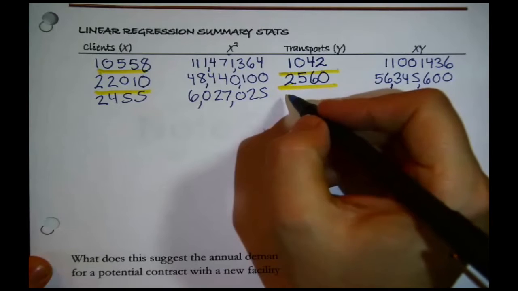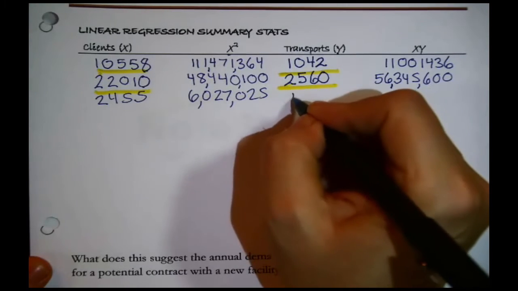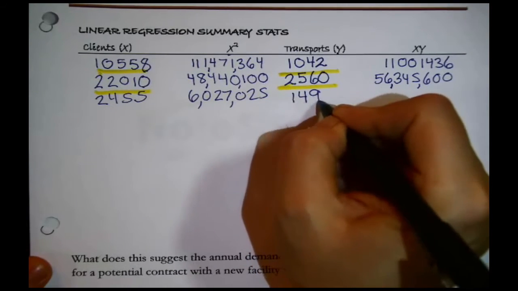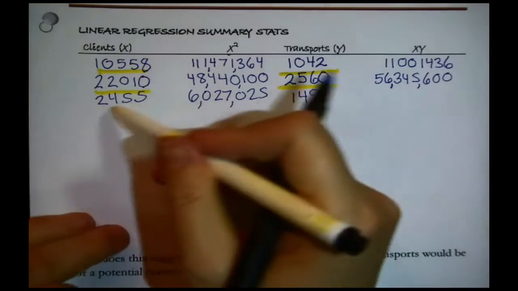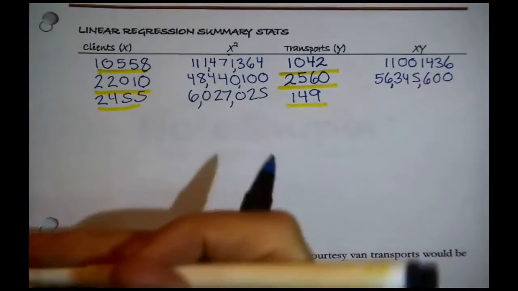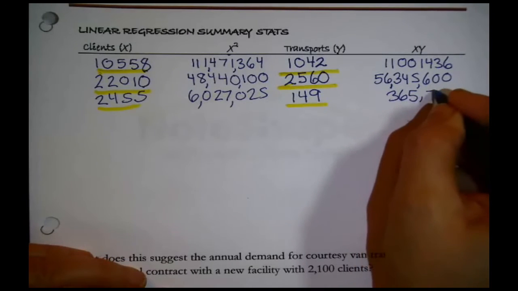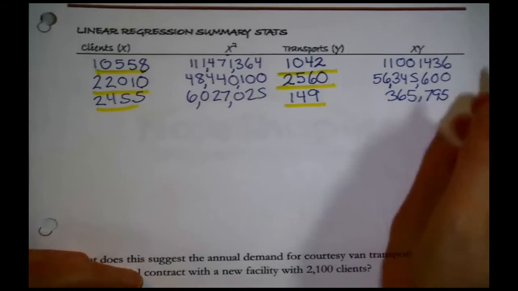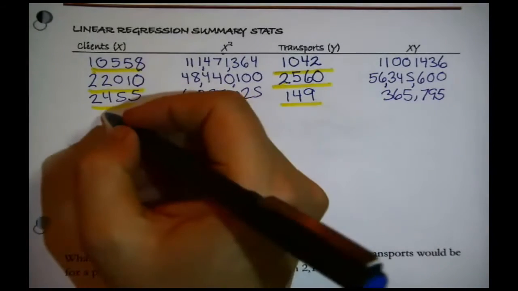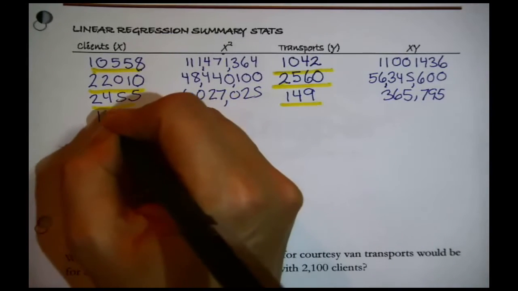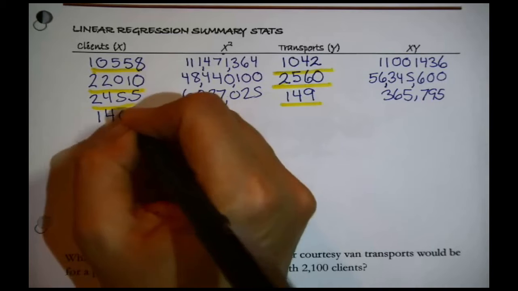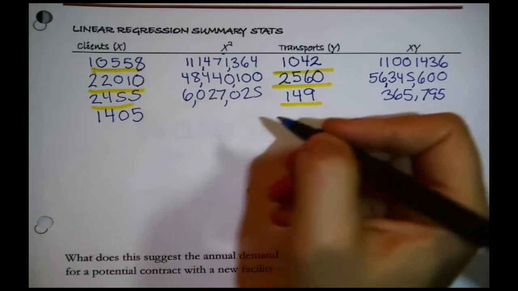Now looking at the data, the third contract, there wasn't a lot of transports. There was only 149. So I say that times that, and I get 365,795. Okay, fourth contract, just the data. 1,405 clients, according to the information we were given.